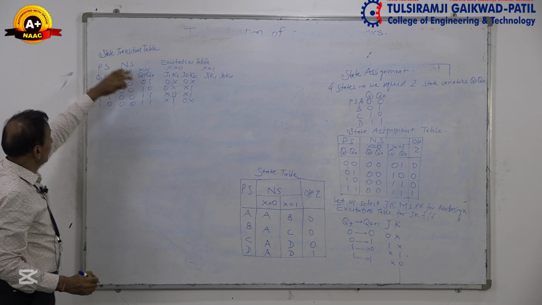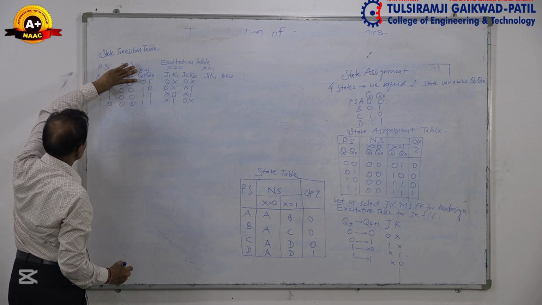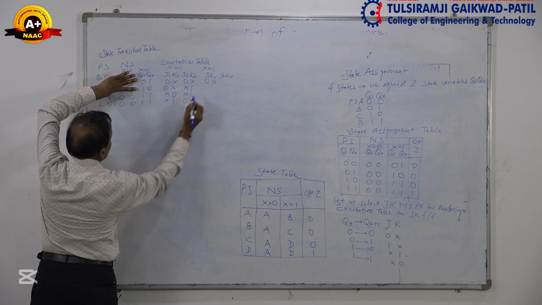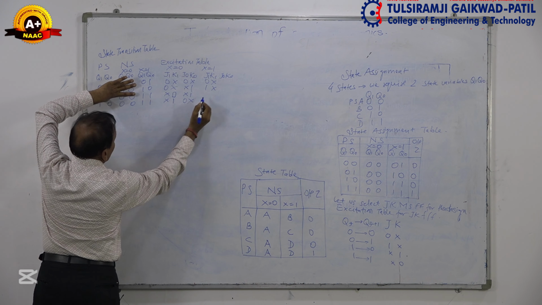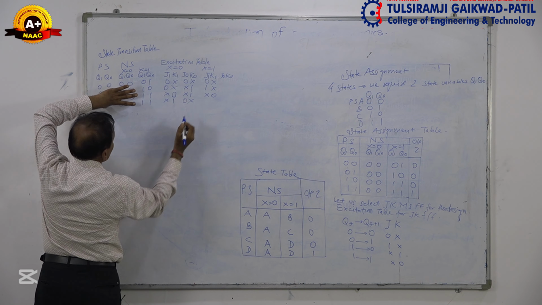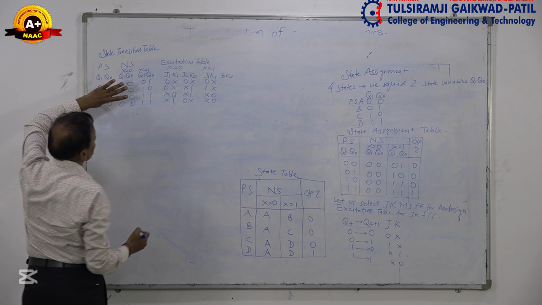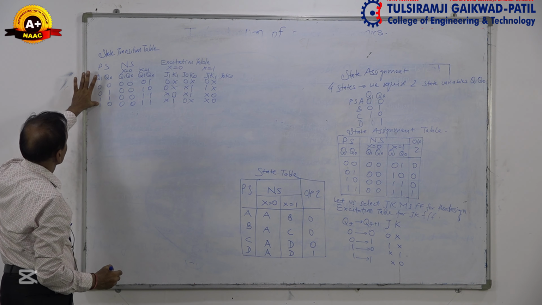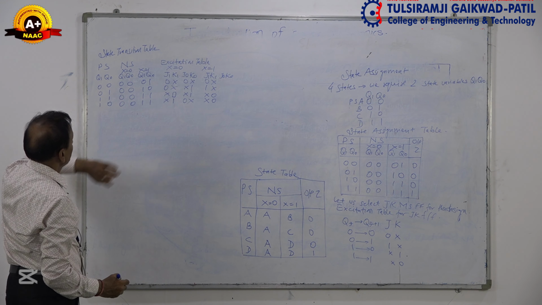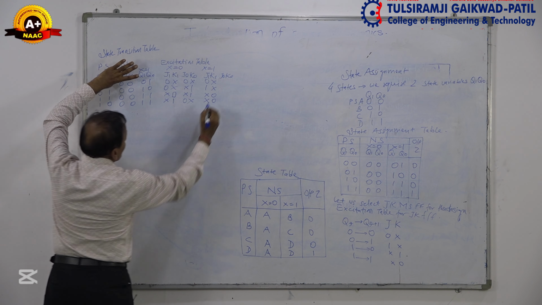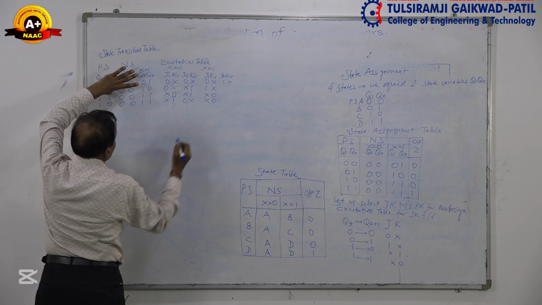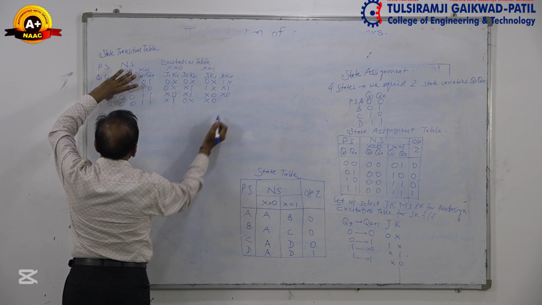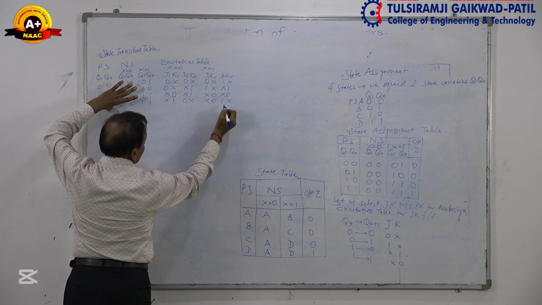Now for x equal to 1 we will see this transition: 0 to 0, 0 don't care, 0 to 1, 1 don't care, 1 to 1, don't care 0, 1 to 1, don't care 0. Now for J0 K0: 0 to 1, 1 don't care, 1 to 0, don't care 1, 1 to 1, don't care 0, 0 to 1, 1 don't care.